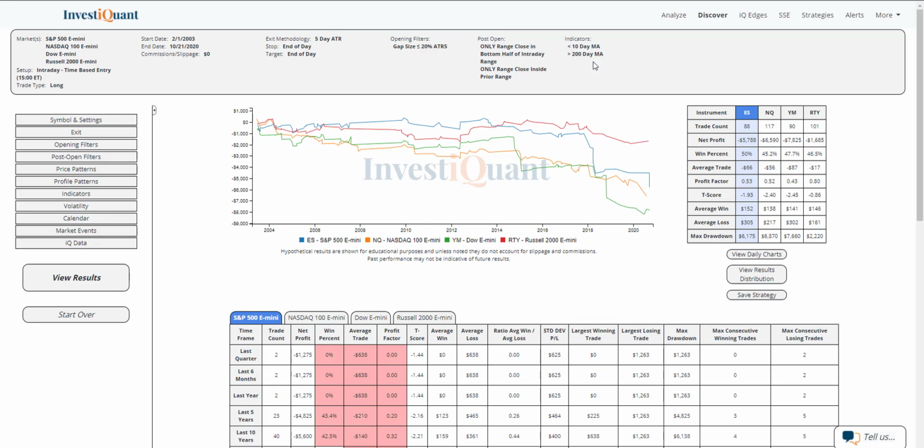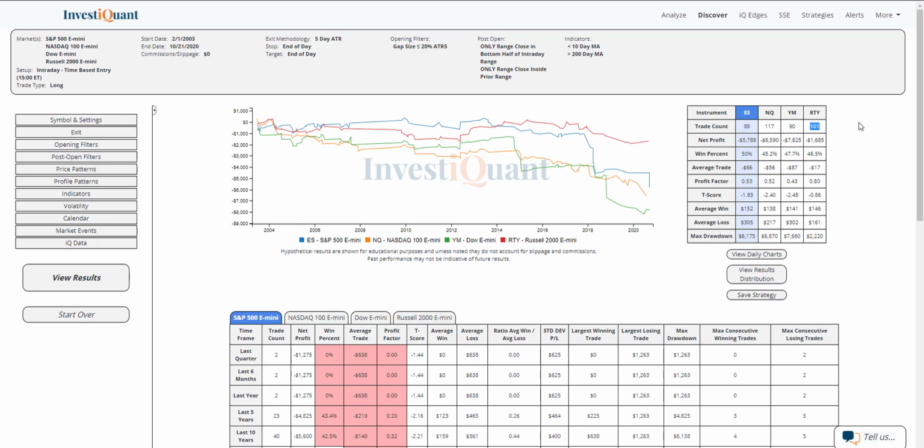This pattern is a little more generic, which gives us a lot of samples across the board, around 100 in all of these. The S&P comes in at 88, the NASDAQ 117, the Dow 90, and the Russell 101. So decent sample sizes for everything.